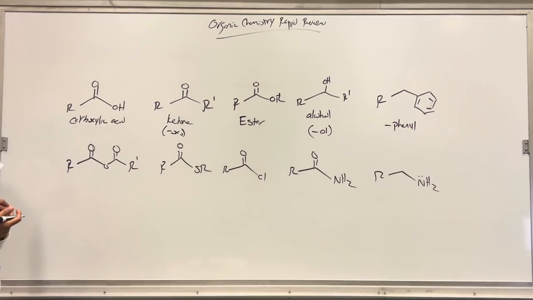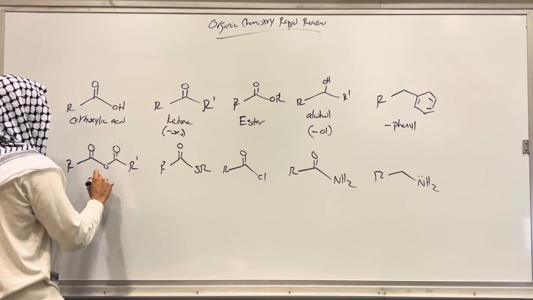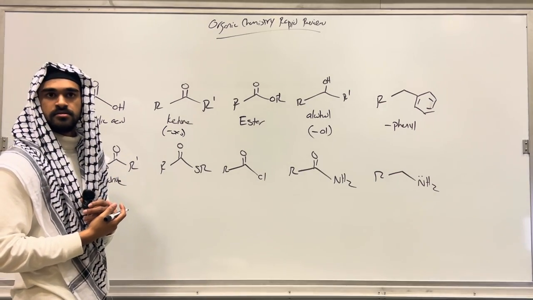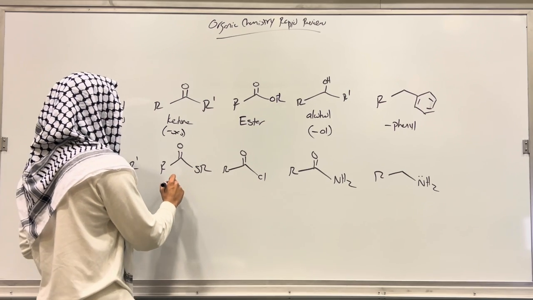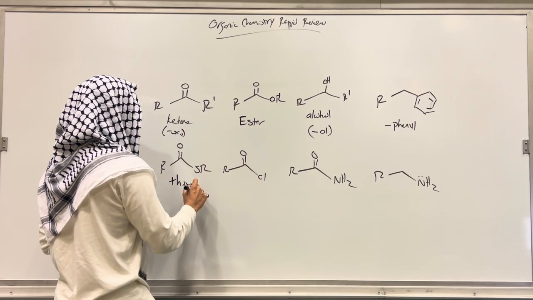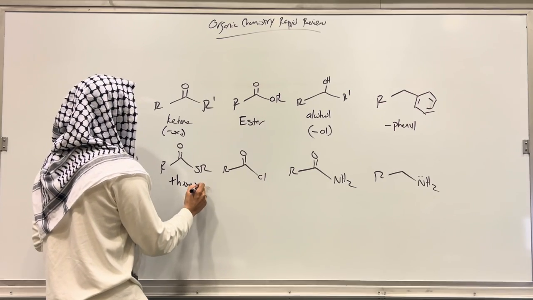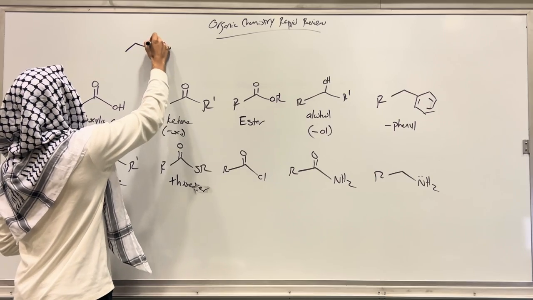What's this? Anhydride. What's this? If that's an ester, this is a thioester. Also, talking about thio, if that's a thioester and that's an ester, this is an alcohol.